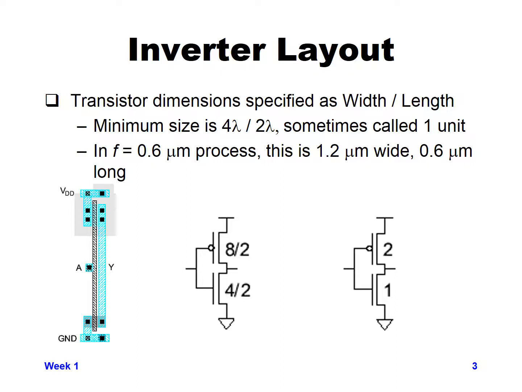And then the right hand diagram is showing that same circuit in terms of what the units are. So assuming the PMOS is 2 units wide with a minimum length, and the NMOS is 1 unit wide with a minimum length.